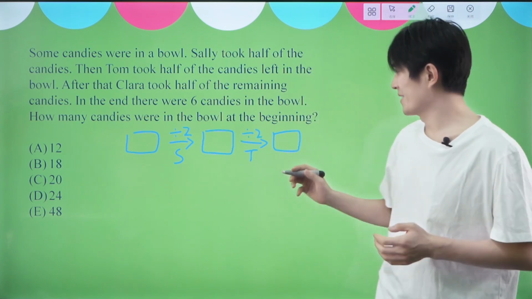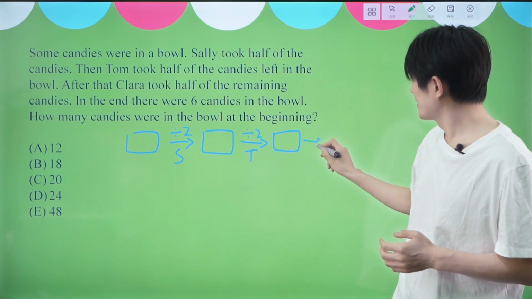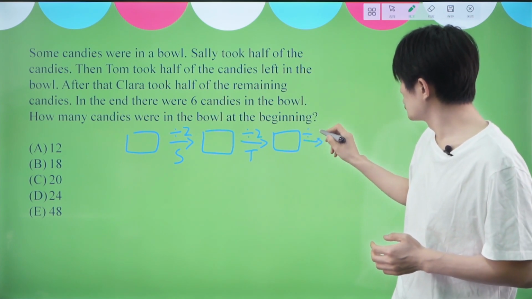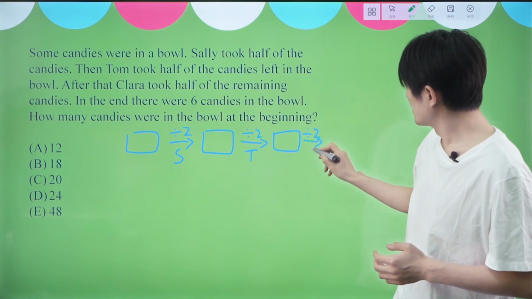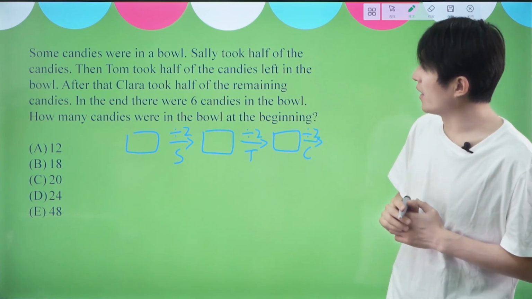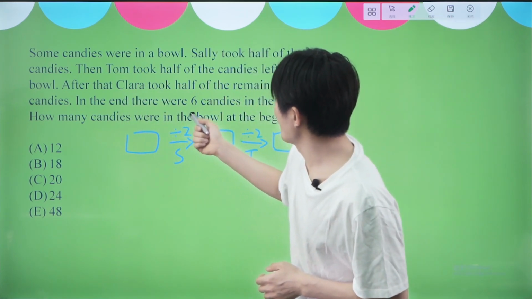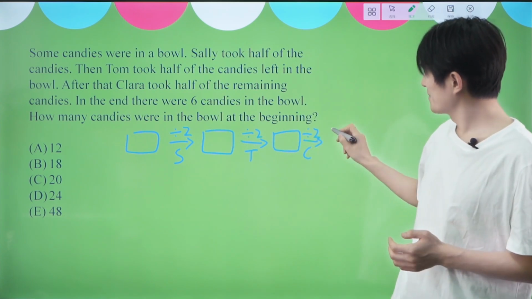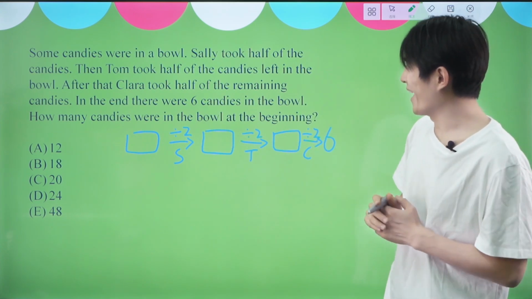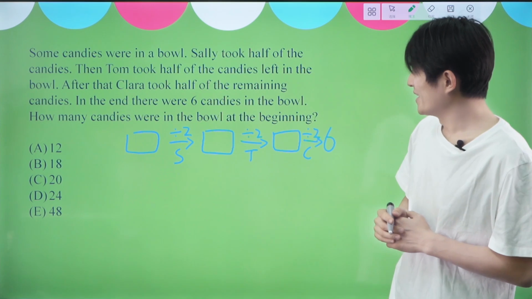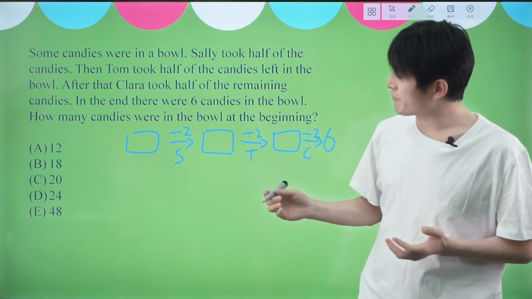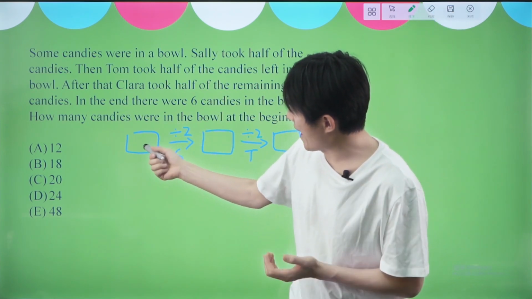The same. Divide 2. C means Clara. And we have 6 candies in the end. Okay, so we need to find the original candies.